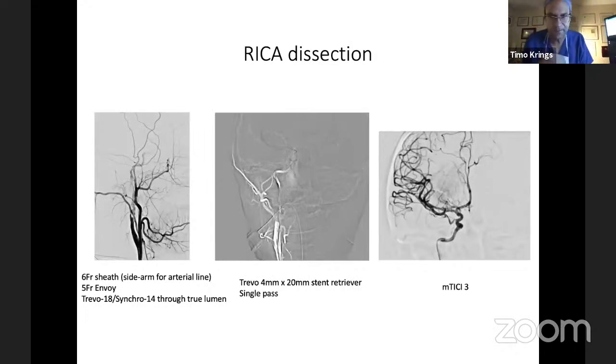So what I did in this patient is I went past the dissection, I removed the distal clot, but then I said to myself, if I now pull back my microcatheter, the clot that is in the ICA is just waiting to go up. So I punctured the other side.